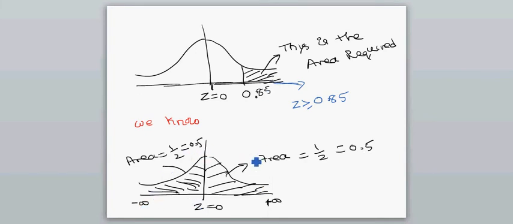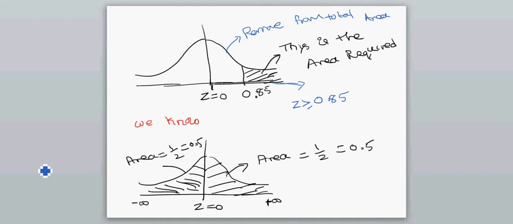So total z equals 0 to the end is 0.5. We want only a portion of that, this portion. That means if you are able to remove this portion from the total area, then we'll get the required area. That's the logic.